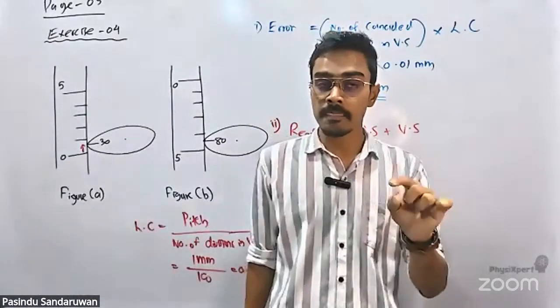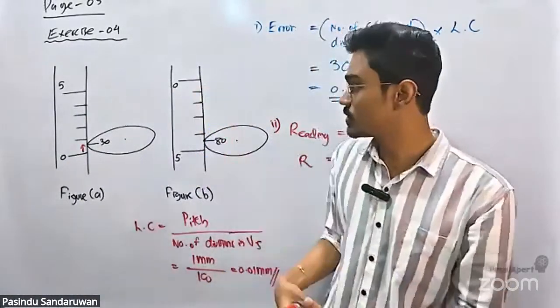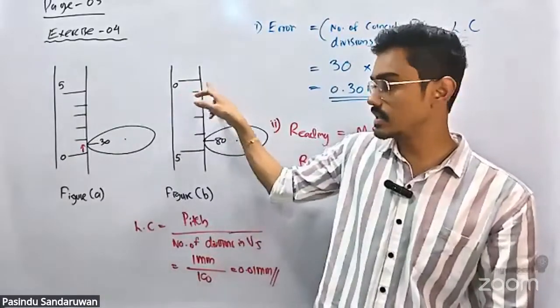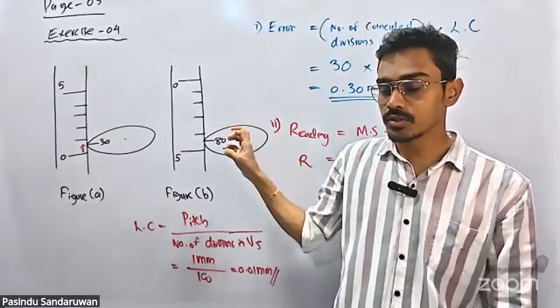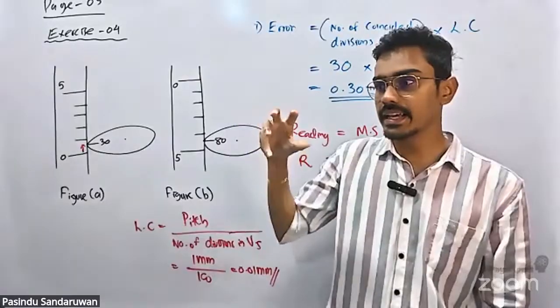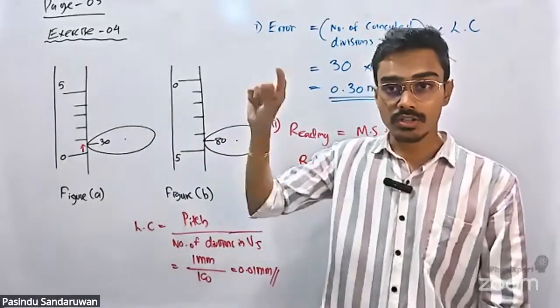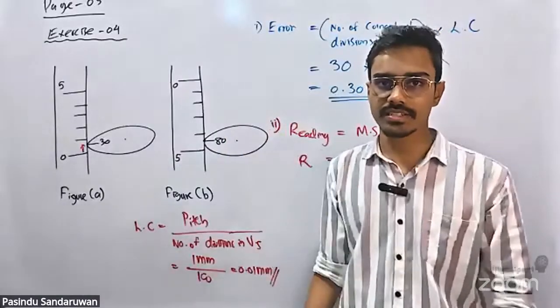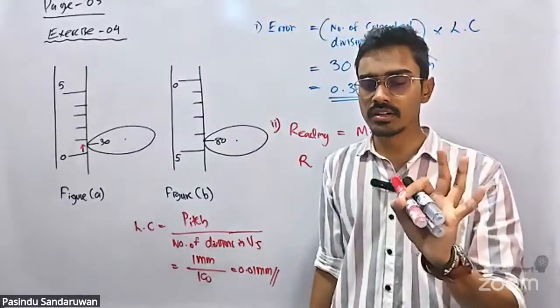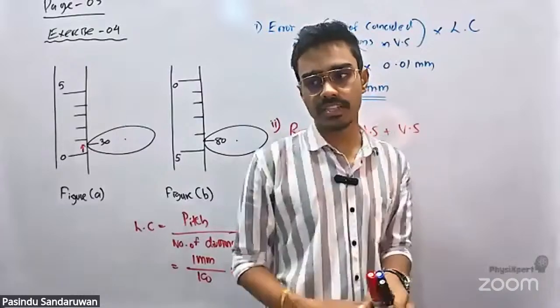And if this is below zero, you can see here zero is here, then you have to take the vernier scale as total minus coincident number of divisions. Very important.